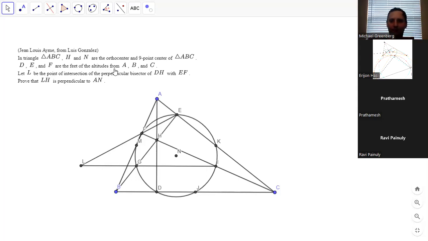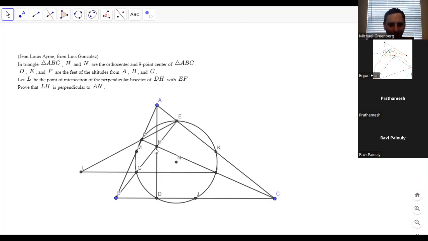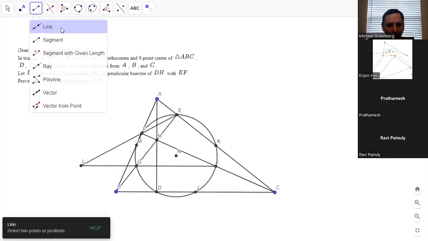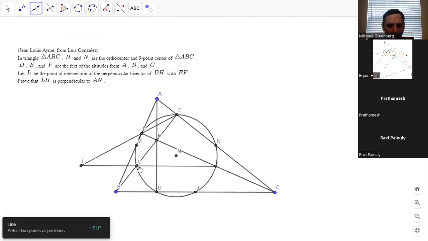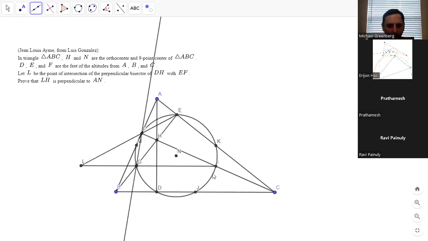I haven't used Ricard's theorem in so long, but let me try that. So we let these intersect. Oh, but then that would be saying HN is perpendicular. We want AN.